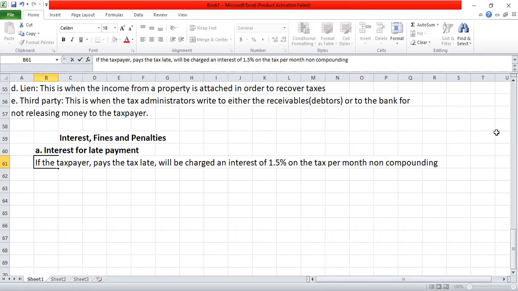So you just look at the amount of tax the taxpayer was supposed to pay, multiply by 1.5%, then multiply by the number of months the taxpayer has delayed to pay.